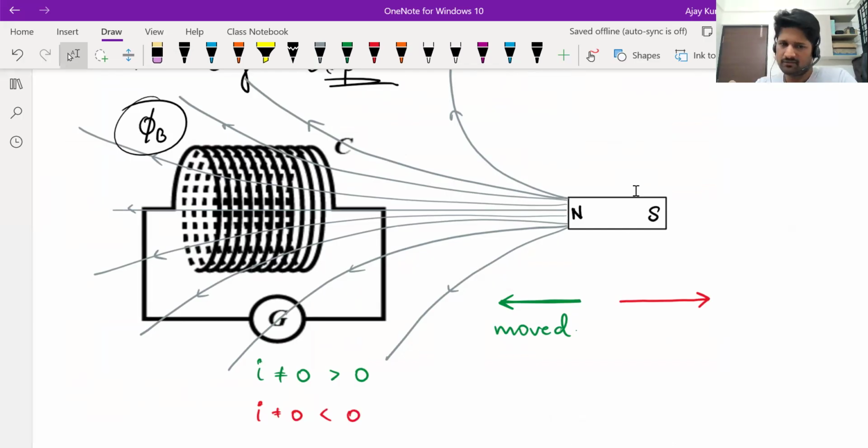Faraday found that when the magnet is brought closer, when the flux becomes stronger, current flows in one direction, and when the magnet is taken away from the coil, when the flux becomes weaker, current flows in the opposite direction. So Lenz performed further experiments and found out how to determine the direction of flow of current, or the direction in which the EMF gets induced.